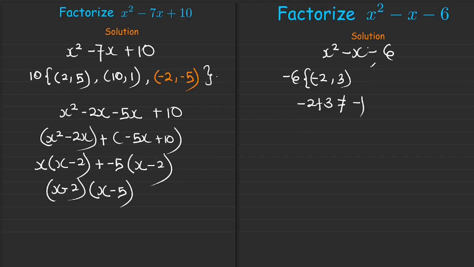Let's try 2 and then negative 3. So negative 3 times 2 is equal to negative 6. That is correct. But if we add them, do we get a negative 1? Yes, we do. Hence, we can settle for this as our factor pair that would do the work for us.